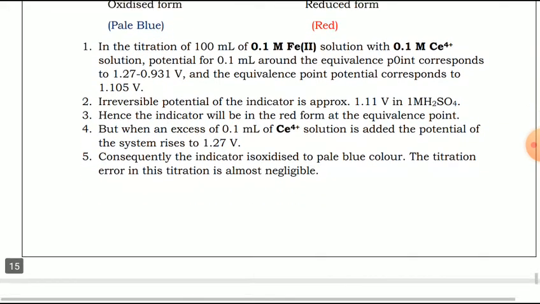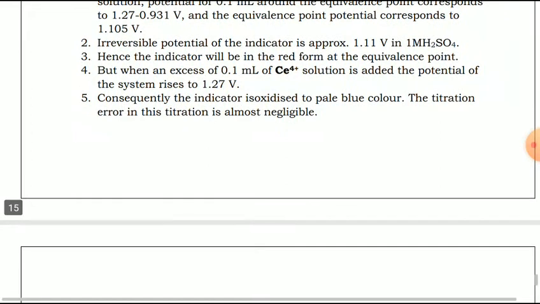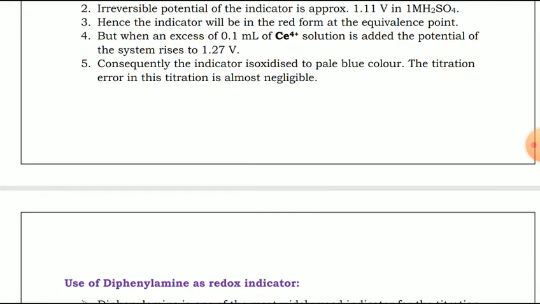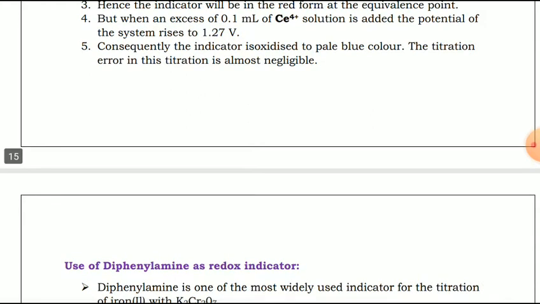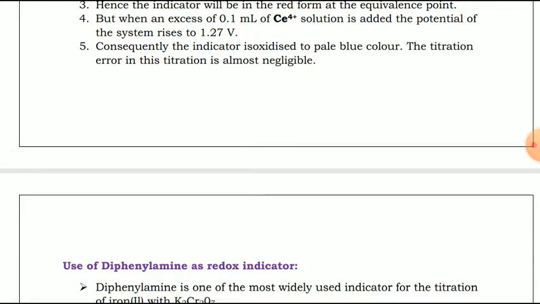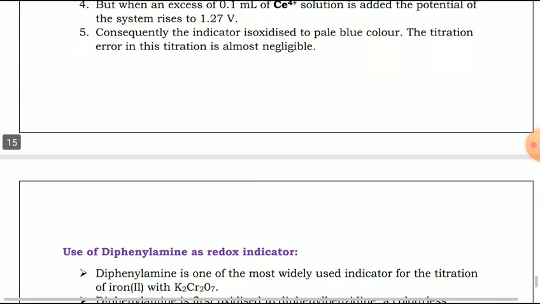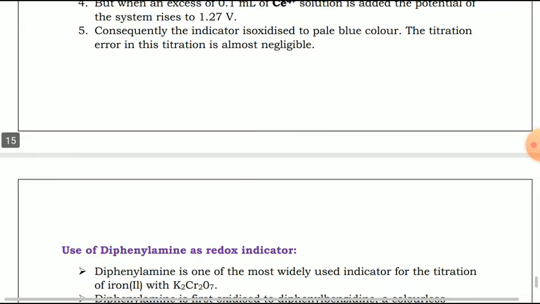Now we will see the second example, that is diphenylamine. This is the second example of the redox indicator. The indicator name is what? Diphenylamine, or use of diphenylamine as a redox indicator. Diphenylamine is one of the most widely used indicators for the titration of iron(II) with K2Cr2O7, that is potassium dichromate solution.